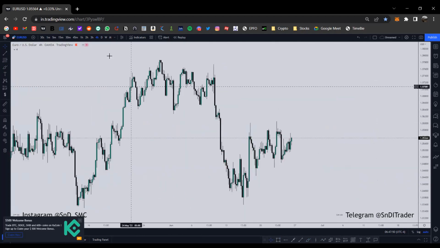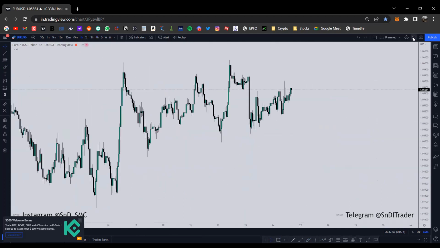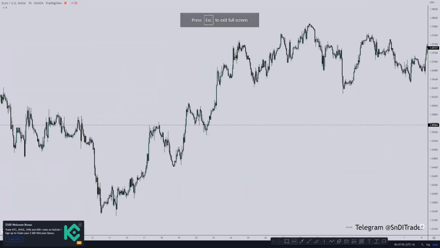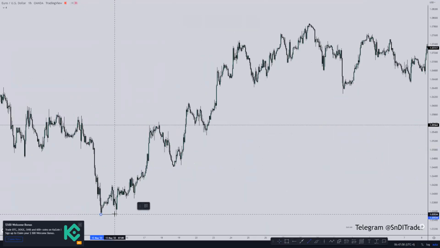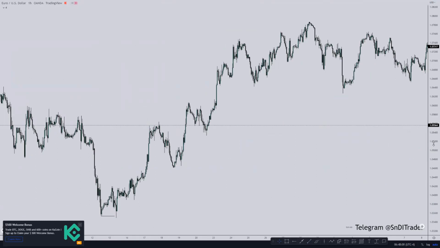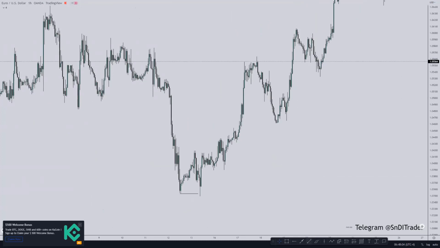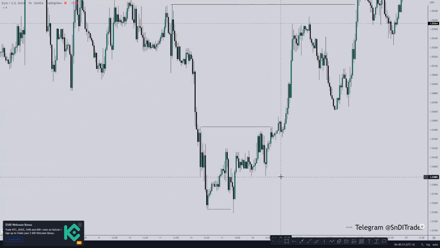So this is a USD chart. What happened here, there was a liquidity grab here, and price gave an up move, a break in market structure in here, and another break in market structure in here. These equal highs, equal lows will be your inducement.